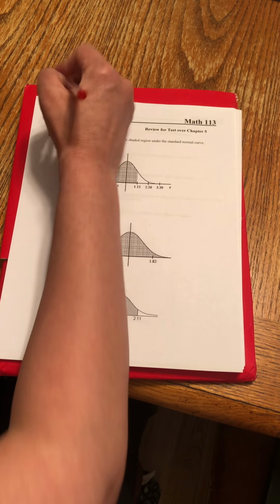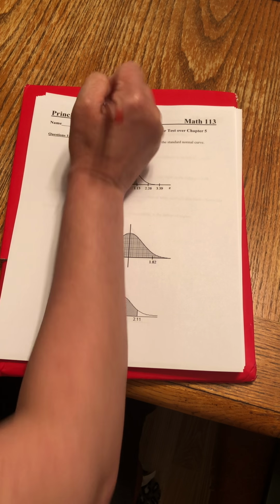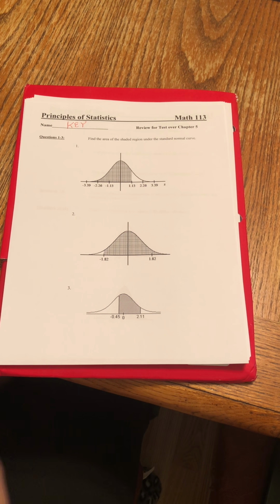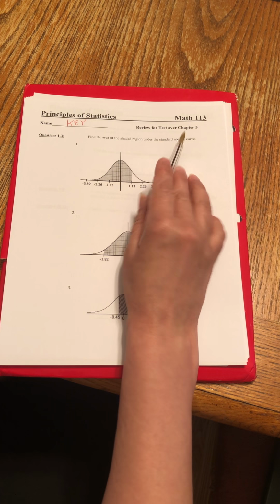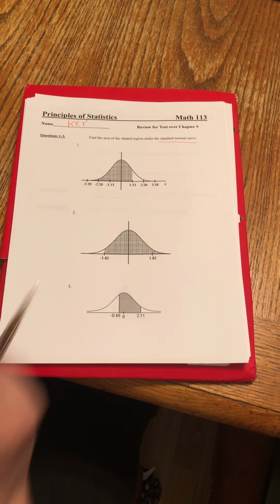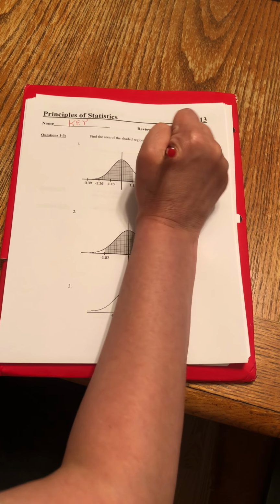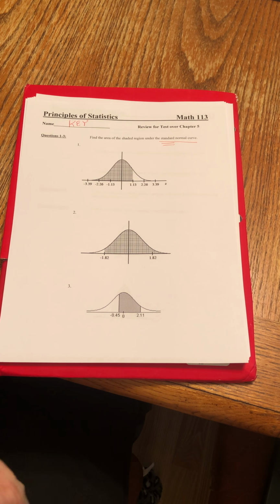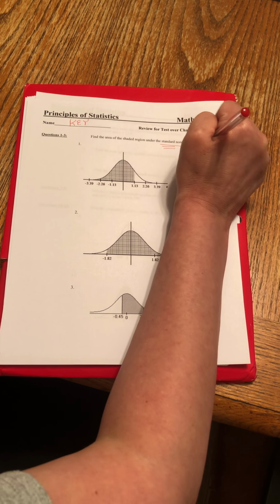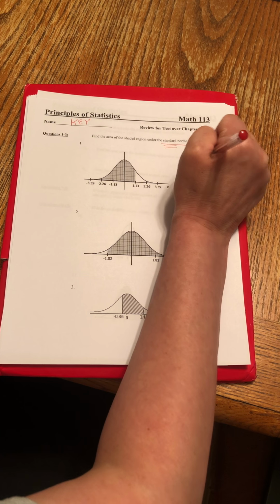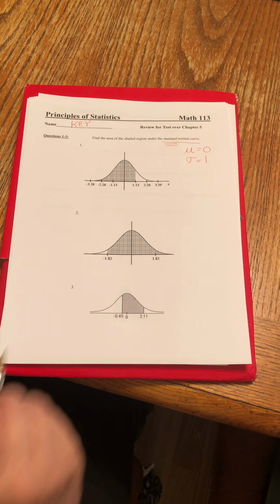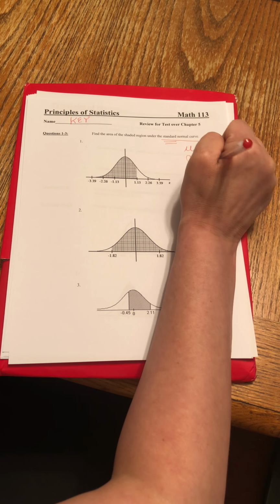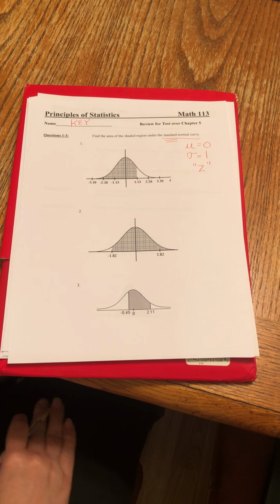So page 1. Review for test over Chapter 5, and this is the answer key. Find the area of the shaded region under the standard normal curve. Let's review what a standard normal curve is. In a standard normal curve, the mean is always 0, the standard deviation is 1, and we use the letter Z in our notation.